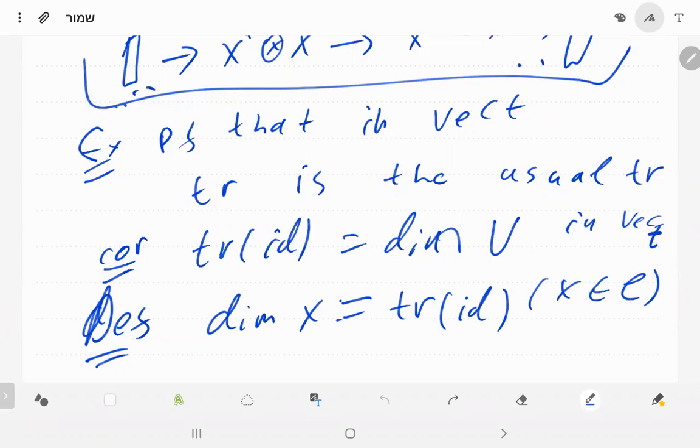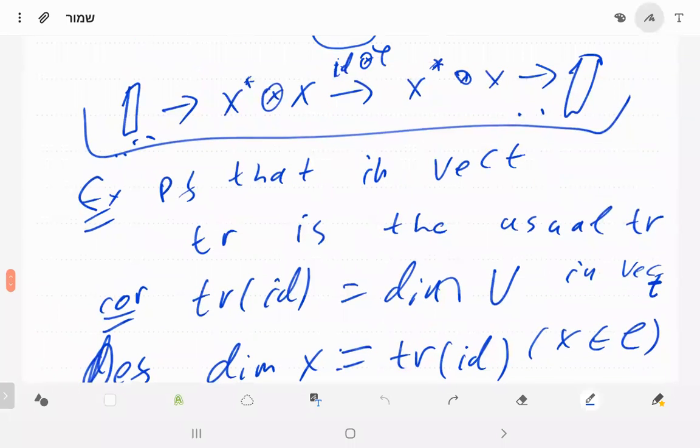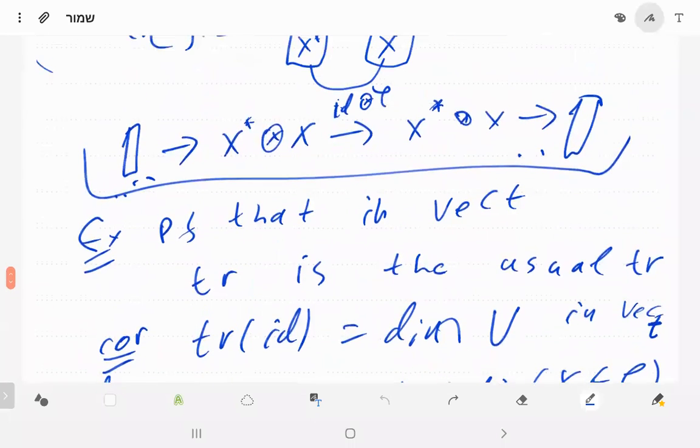So in a general rigid monoidal category, you have a notion of dimension, but this dimension is not an integer, it is an element in endomorphisms of the unit object, which is also often the field over which we're working. So say we're working over complex numbers and everything is C-linear and additive. We often ask as additional axioms that endomorphisms of the unit object will be just the field over which we're working.